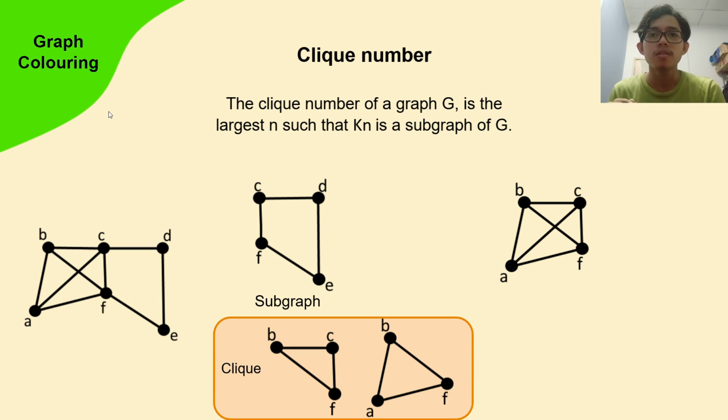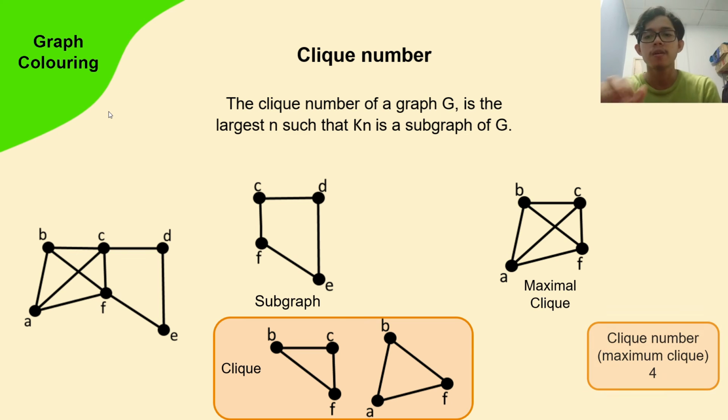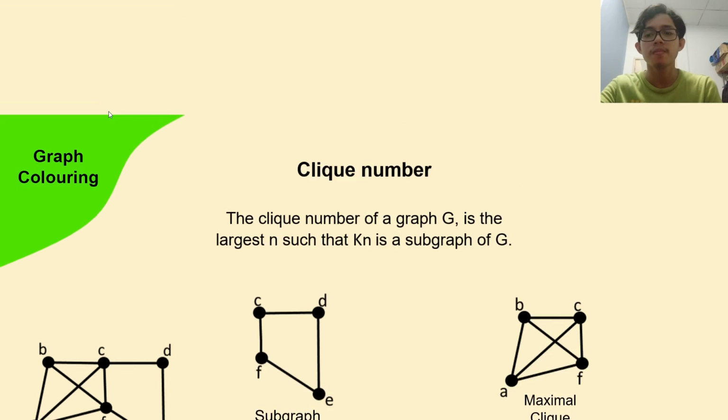If there is none, then it is called a maximal clique, which means that it cannot be extended anymore. Then the clique number is the number of vertices of the maximal clique. Therefore, for this graph, the clique number is 4.